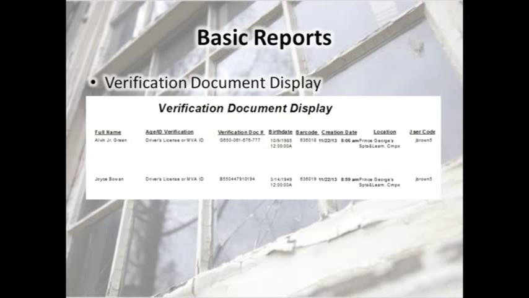And what this report checks is it finds all accounts that were created in that time frame, says what they used to verify their age. So in this case, they used the driver's license, and then it puts the verification document number that they're supposed to record. So this helps us because we use that verification document number to verify the identity of a customer if they call in.